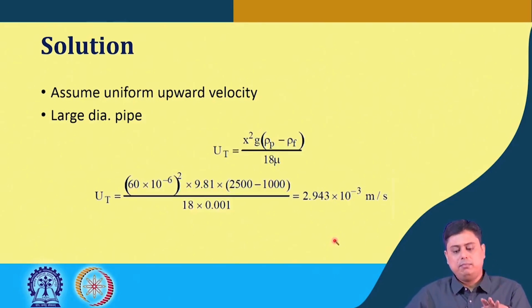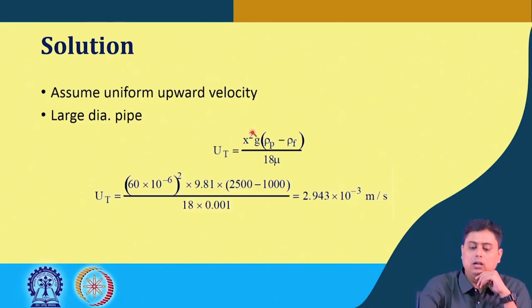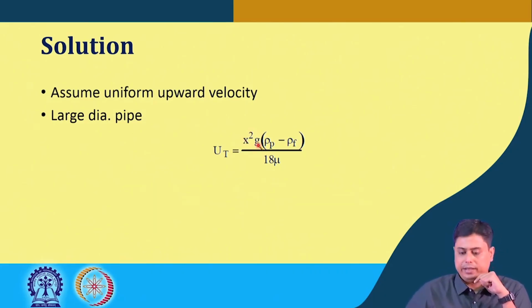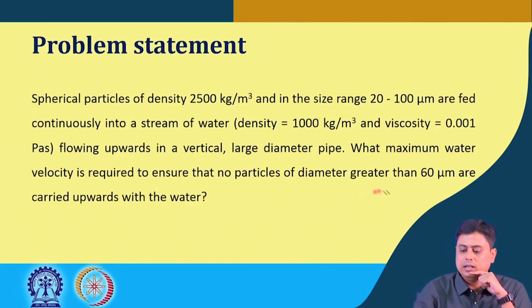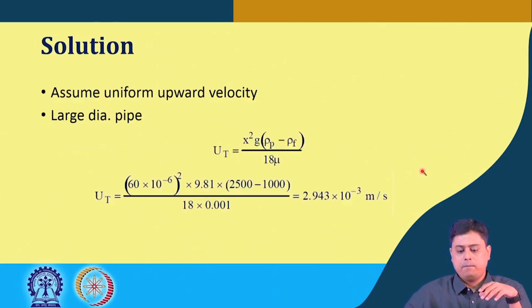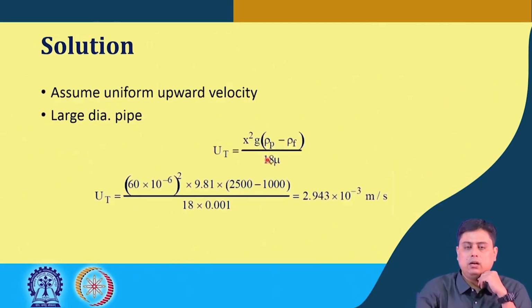If we simplify this, for the minimum diameter that is required here, 60 micron, beyond which no particle should go out of the pipe with water, replacing those numerical values, we get a terminal velocity of this much.